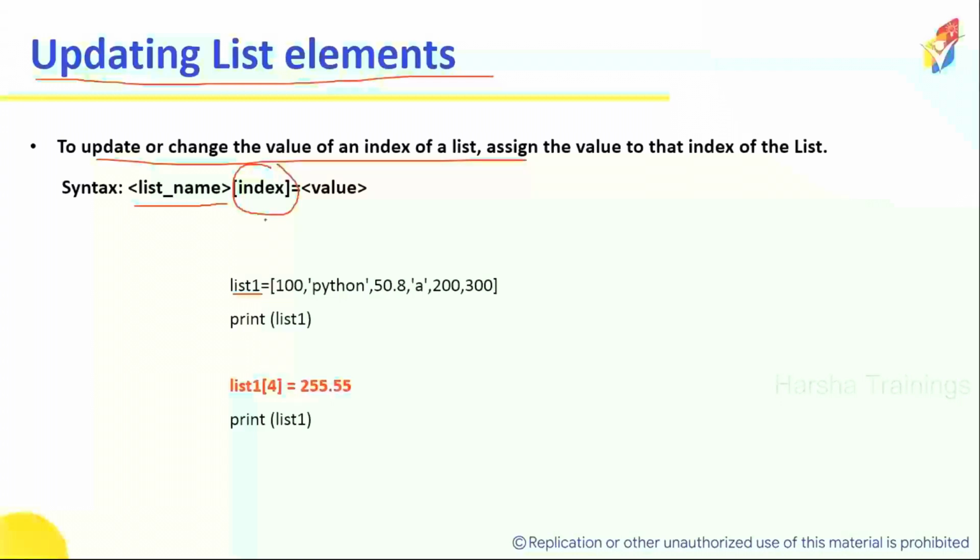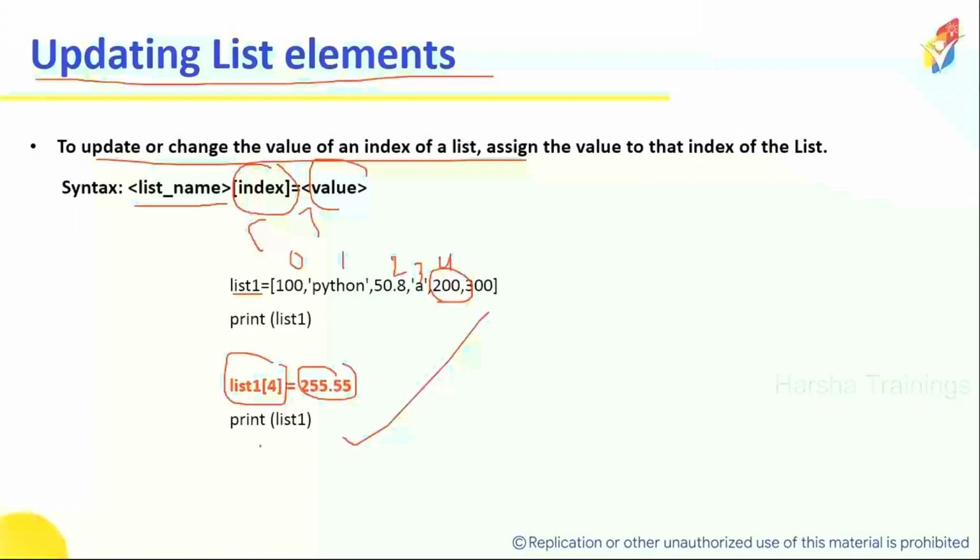Always the index has to be specified in square brackets. list1[4]. What is list1[4]? This is 0, 1, 2, 3, 4. list1[4] means 200. This 200 I want to update with a new value, 255.55. My job is done.